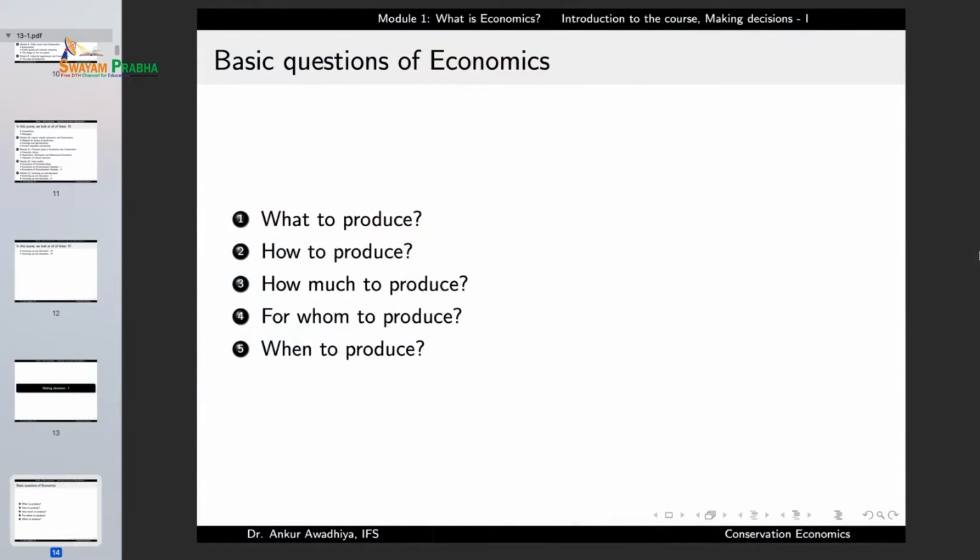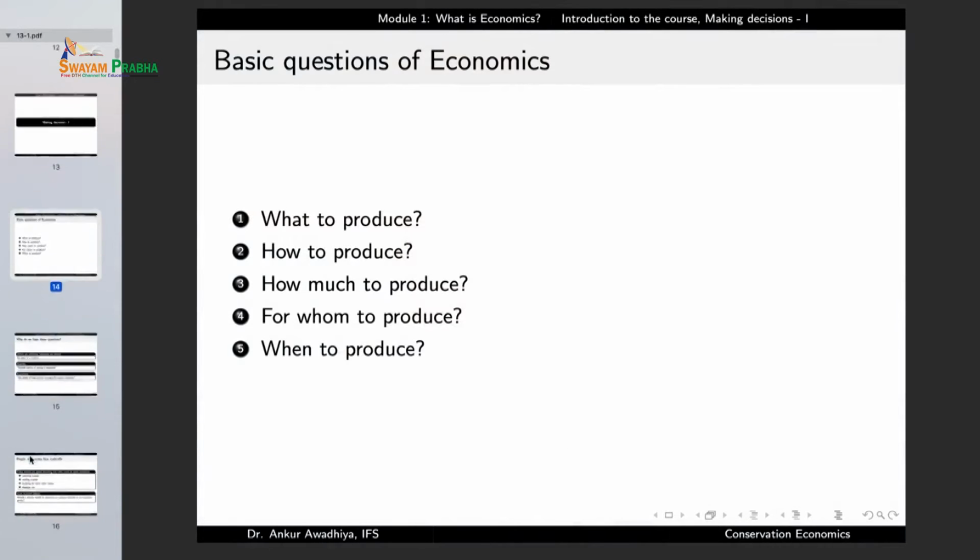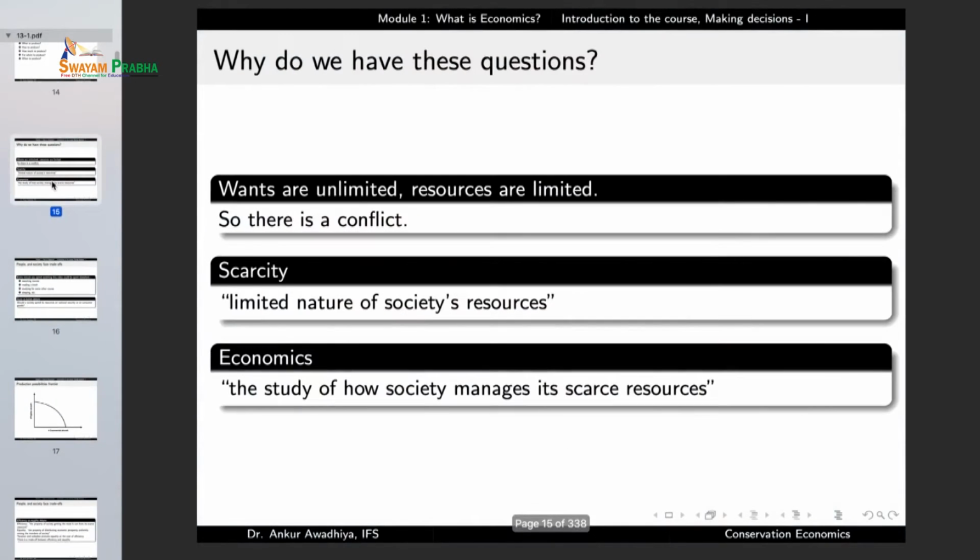So these basic questions of economics need to be answered, and these questions arise from the fact that we have unlimited wants, but our resources are limited. So there is a conflict. We want more and more of everything: more ice creams, more shoes, more clothes. But the resources are limited.